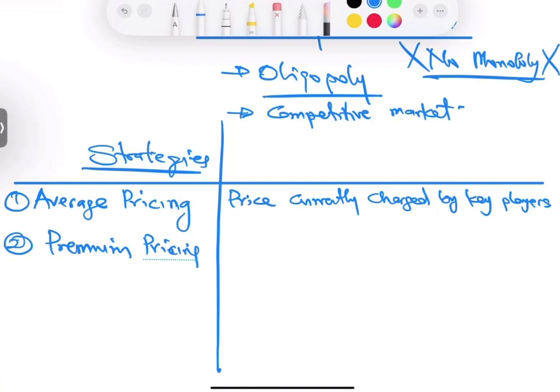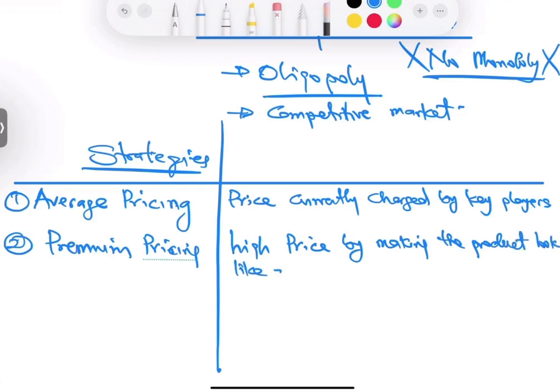You have to be able to do that, either through the packaging or through the marketing. You just have to find a way to do that. So here you are charging a high price by making the product look like a better quality.